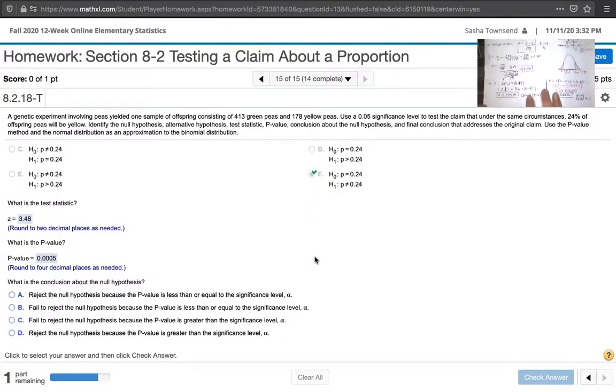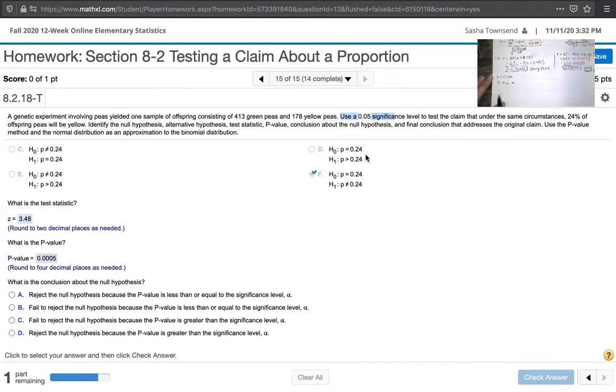And alpha was in the original problem statement as a 0.05 significance level, or you can see on MyLab Statistics, it's right there, at 0.05 significance level. So alpha is 0.05. And that's clearly more than 0.0005. So P is less than or equal to alpha.